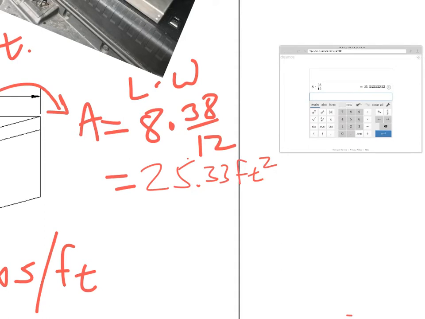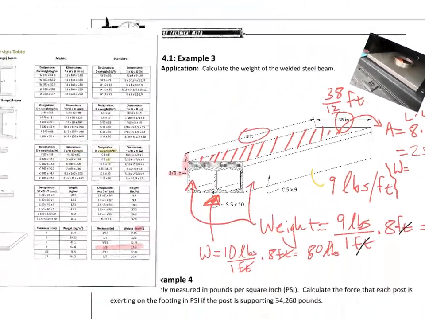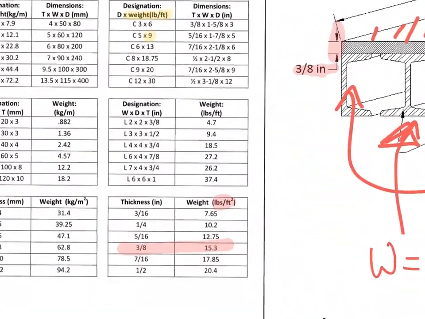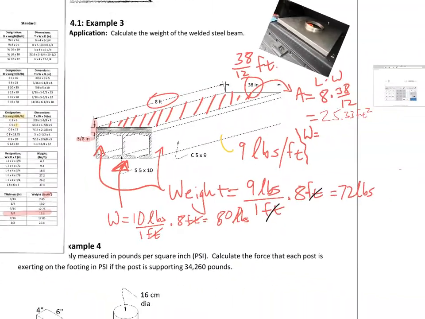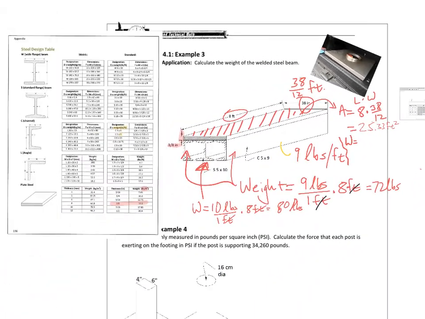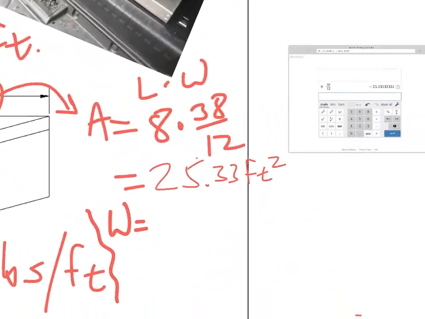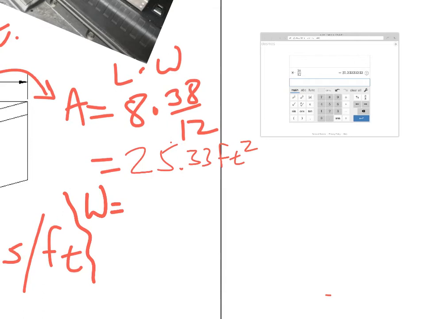And then the weight, well, our weight here is going to be, we're told by looking back at this formula here, 15.3 pounds per square foot. The units here are pounds per square foot. The units are important. So we said 15.3 pounds per square foot.